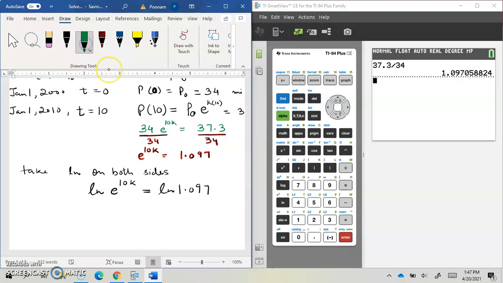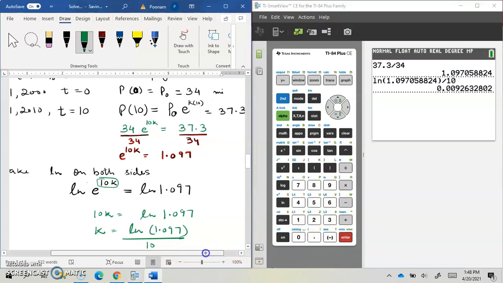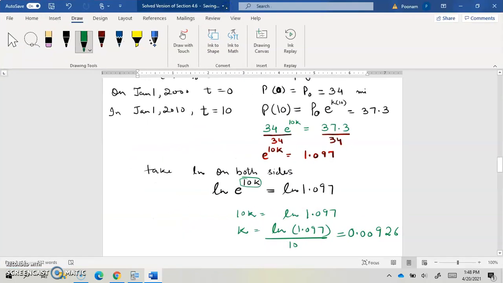So we are left with 10k, and 10k is equal to natural log of 1.097. k is equal to natural log of 1.097 divided by 10. So we can calculate natural log of this number divided by 10. We have 0.00926 to 5 digits, that is k.